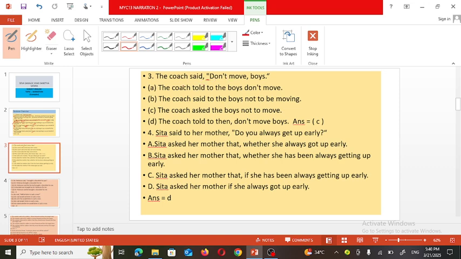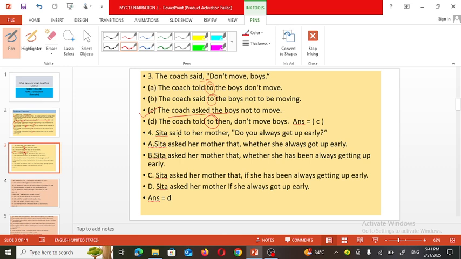Now, when we are changing the sentence from direct speech to indirect, there is no need to use such a preposition. So "the coach said to the boy that" is wrong, and with this rule itself we are able to judge that all the other three options are incorrect. So only this part is correct: the coach asked the boy. So this part is correct, and that's why option C is the only correct option.